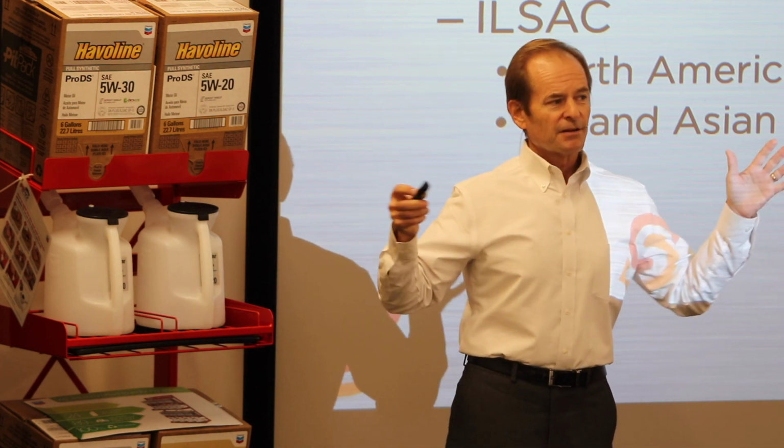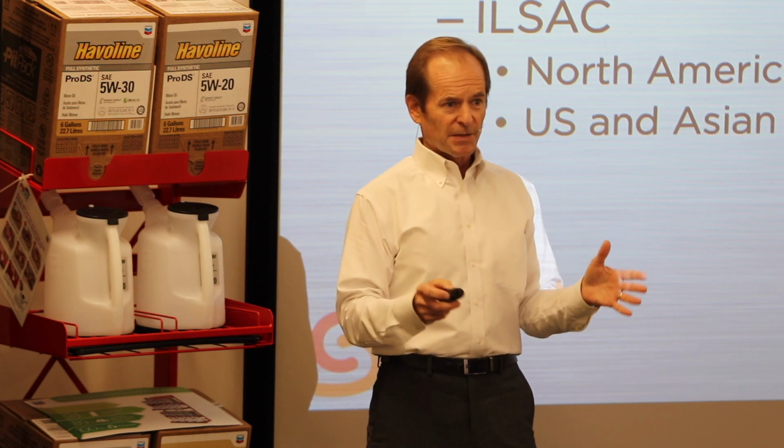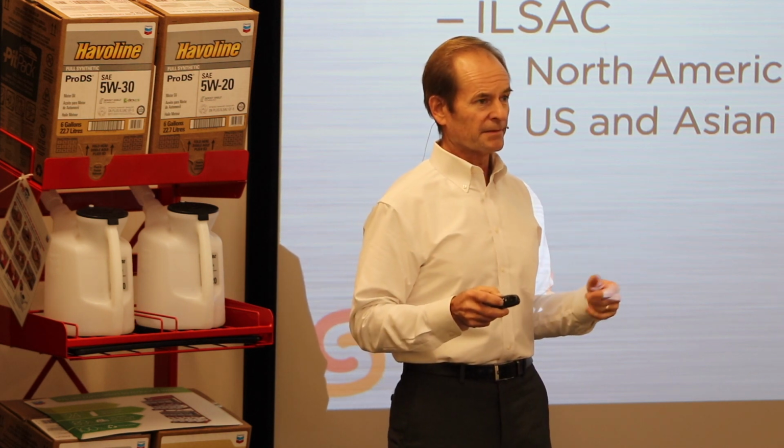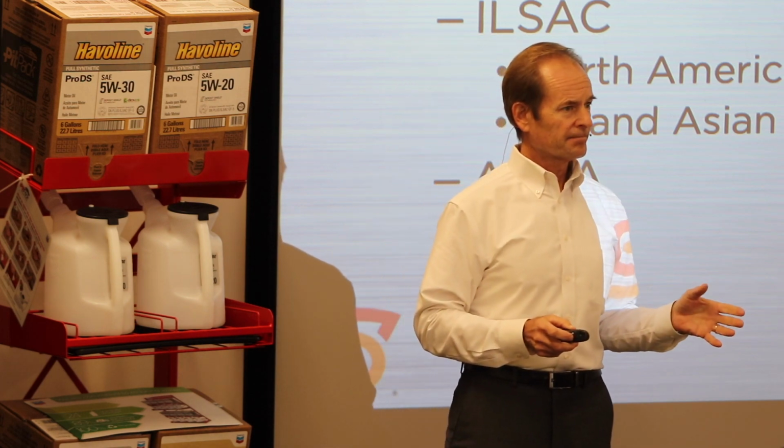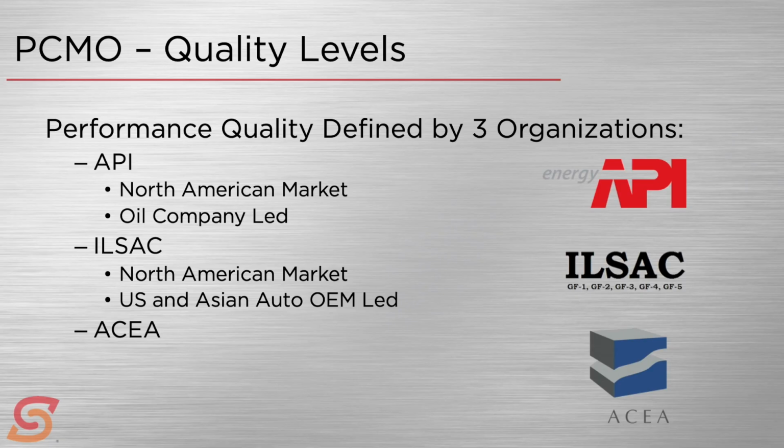And then the third group that gets involved in specifying the oil quality in vehicles that you may see in the U.S. is the ACEA. The ACEA is the Eurozone, the European auto manufacturers, and their specification levels. They're all European OEMs, and they get together.